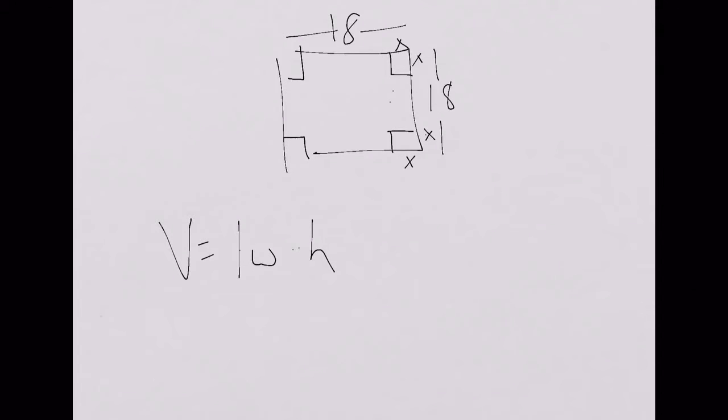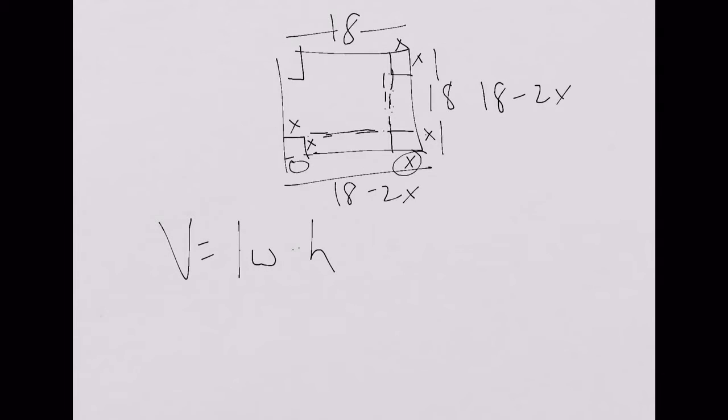So if I look at this little piece right here, this piece in between, that would be 18 minus 2x. Well, that would be the same thing over here because I'm cutting out these distances of x on both sides, right? So this distance here, that base of the box I'm making, this whole thing's 18, but minus that x and that x would be 18 minus 2x.